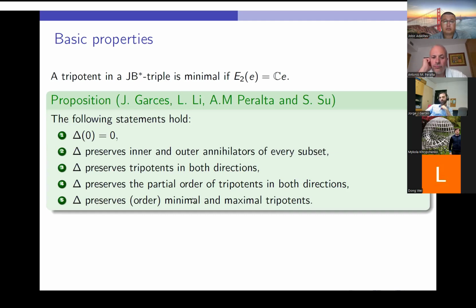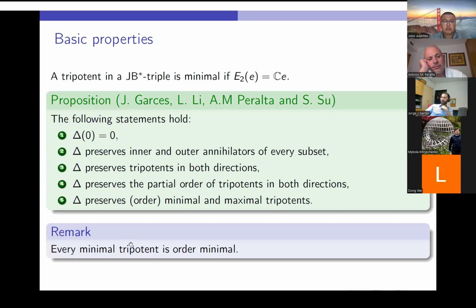Okay? Let me just remark that a minimal tripotent in this sense, that we can call algebraic minimal tripotent, is order minimal. And actually, in a JBW*-triple, this is the same. Not in general, but being order minimal and algebraic minimal is equivalent in a JBW*-triple, which is the setting where we are going to obtain the final results, the main results.